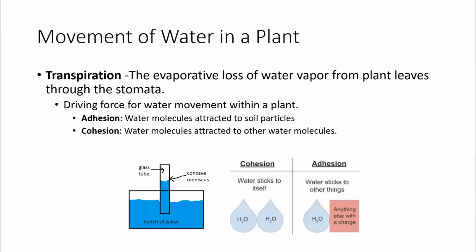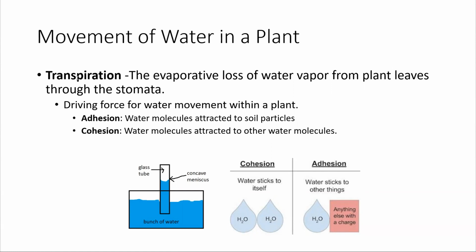Okay. And essentially the transpiration of water out of the plant, okay, that is the evaporative loss of water vapor from plant leaves through the stomata. Remember, in inner plant structures, when we're talking about leaves, I'm pretty excited about stomata, what they do, how they function, etc. Well, as those things open and close and open and close, they are releasing water vapor.